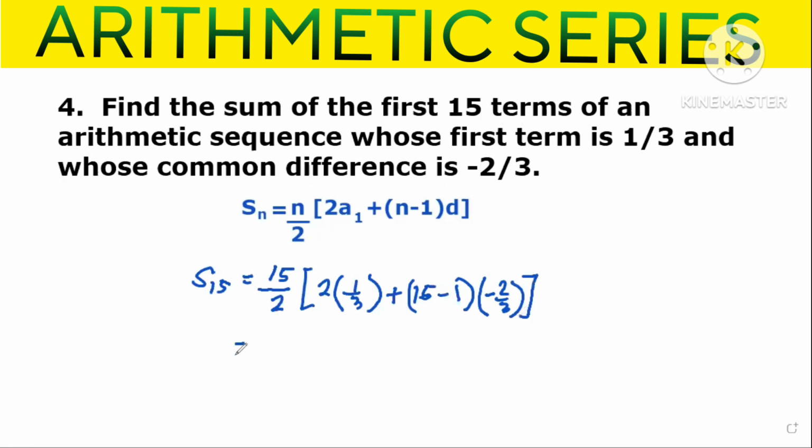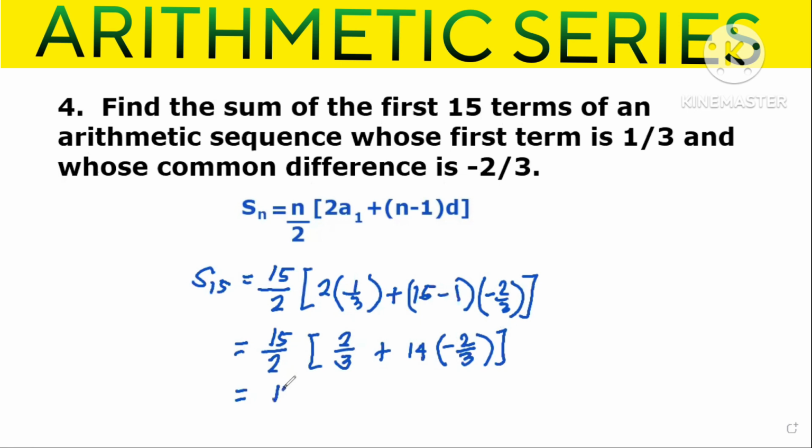Okay, so let us simplify. We have 15 over 2. 2 times 1/3 is 2/3. Plus 15 minus 1 is 14 times negative 2/3.